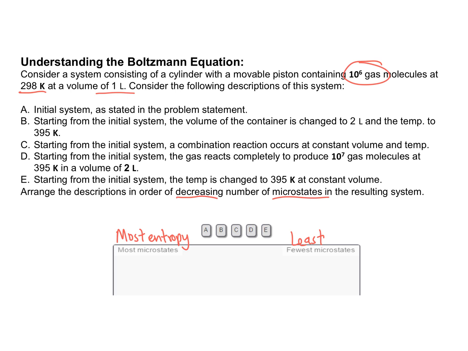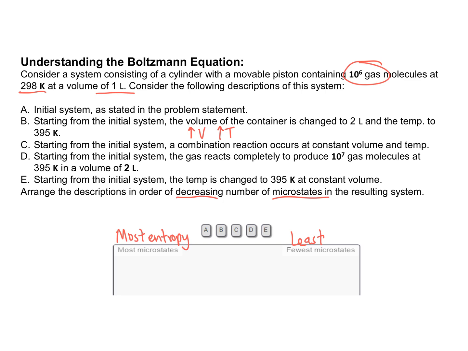We have choice B. We go from the initial system and then we increase the volume and we increase temperature. We go from 1 liter to 2 liters and we go from 298 to 395. So we did 2 things to increase the entropy. Choice C, starting from the initial system, a combination reaction occurs at constant volume and temperature.